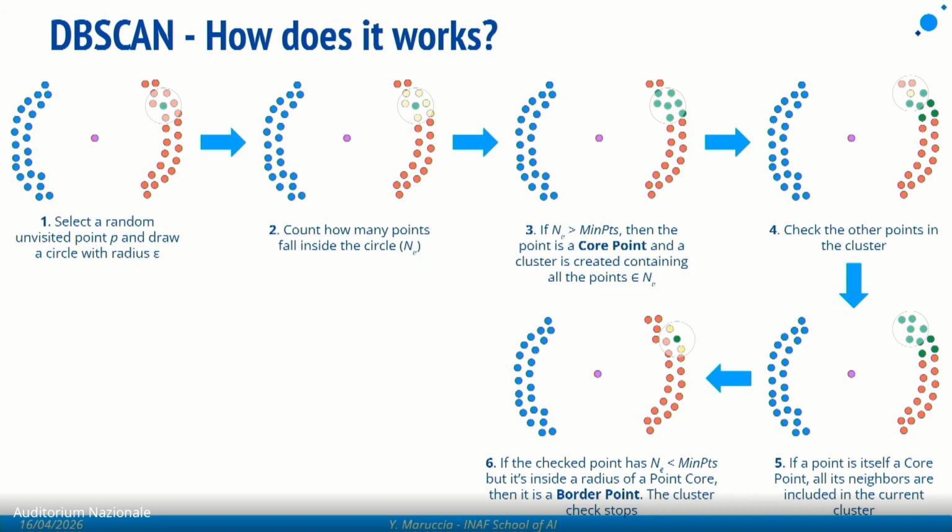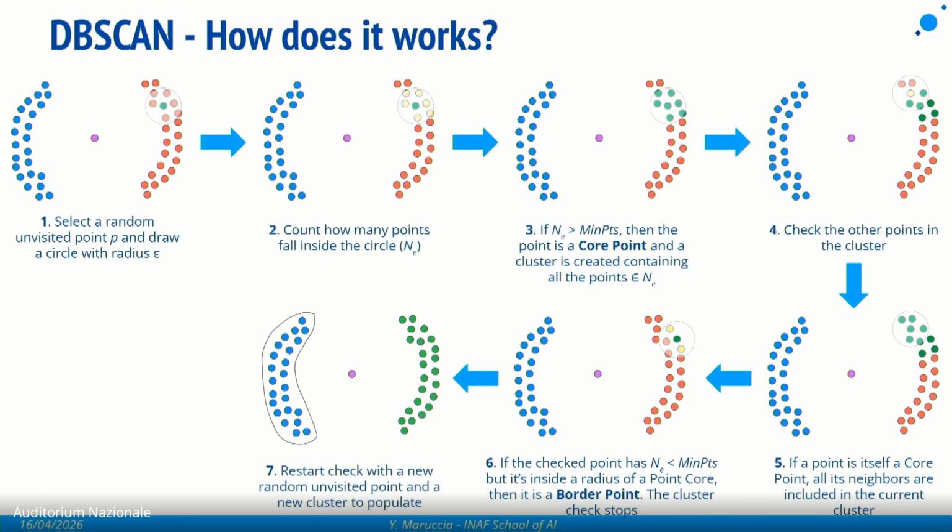The border point is included in the cluster, but the clustering stops here. It checks if it can stop, and then it goes on with all the points. This process goes on until all the points are part of a cluster.